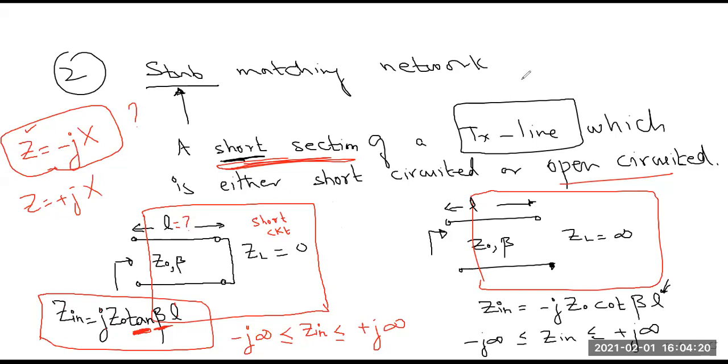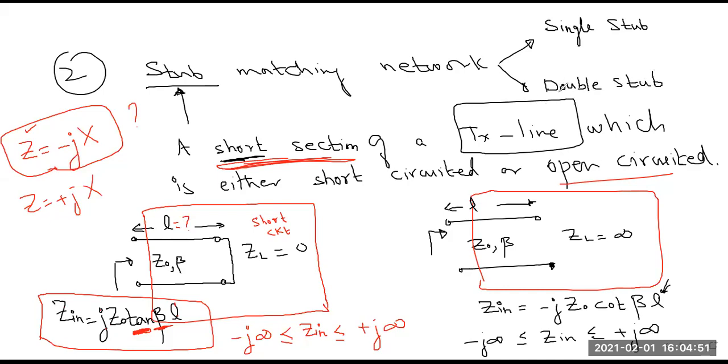Now, another important point is that there are two types of stub matching network that we will talk about in this course. One is known as the single stub matching network, and the other is the double stub matching network.